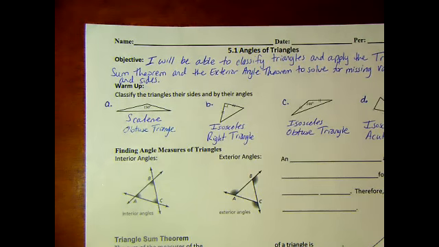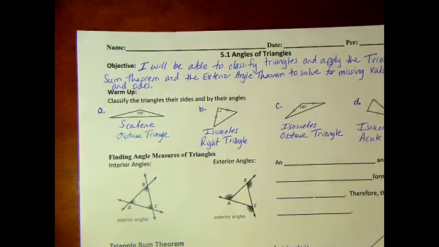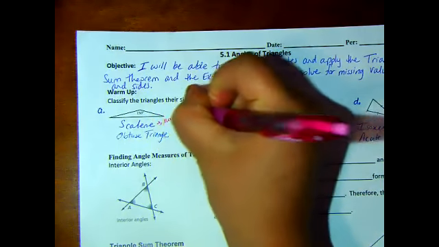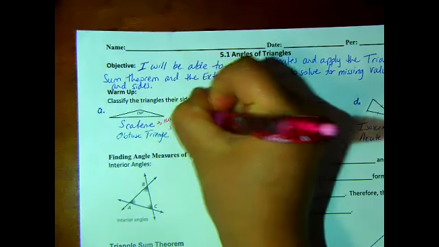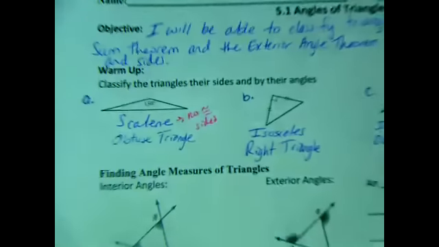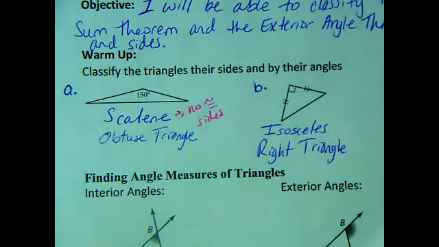Okay? Scalene. That means no congruent sides in the triangle. I'm going to put it, no congruent sides. Zoom in there so you guys can see that. So a scalene obtuse triangle is a triangle that has one obtuse angle, but no congruent sides. Okay?